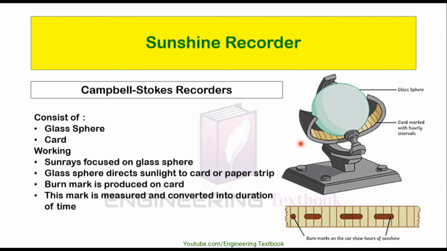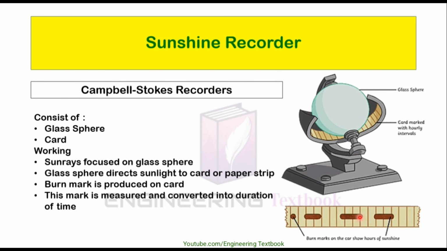So, coming to its working, the glass sphere directs the sunlight onto the card or the paper strip that is treated with special chemicals. Due to heating of the card or paper strip, burn marks for the hours of sunshine are produced.